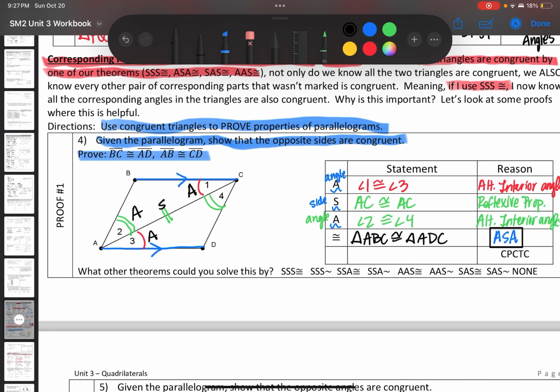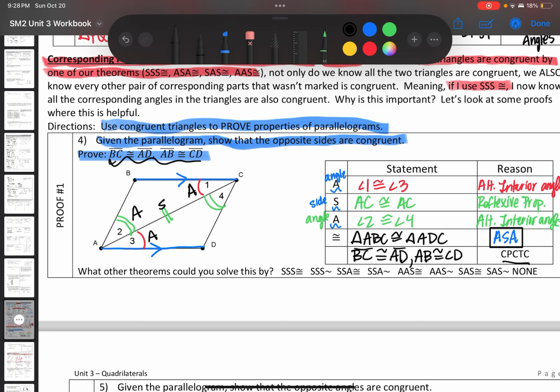Because we proved that, now we can see that all of the other corresponding parts of these two triangles are congruent. So we proved it by CPCTC. We just proved that side BC is congruent to AD and AB is congruent to CD. There are also other theorems we could use to solve this.